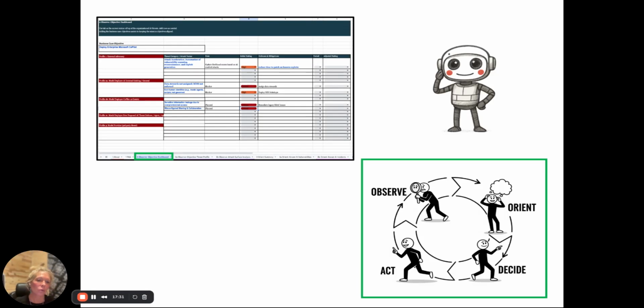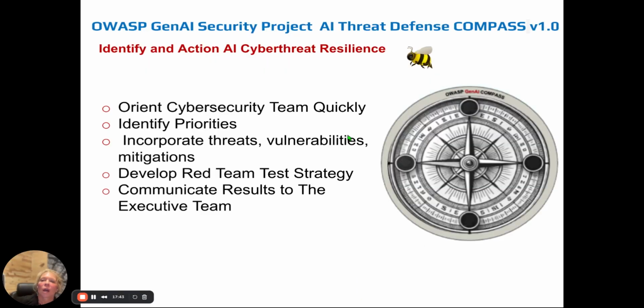It really is a tool built for you to use so that you can start deploying AI solutions within your organization quickly and as safely as possible. OWASP GenAI Compass is built for you to orient your cybersecurity teams, identify your priorities, incorporate your threats, and then develop your red teaming strategy and then communicate those results to your executive team.